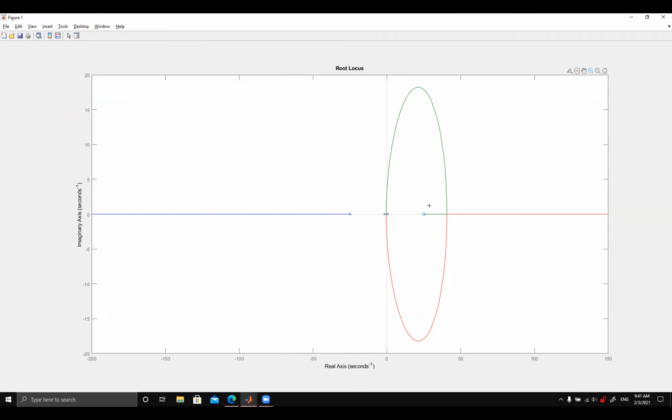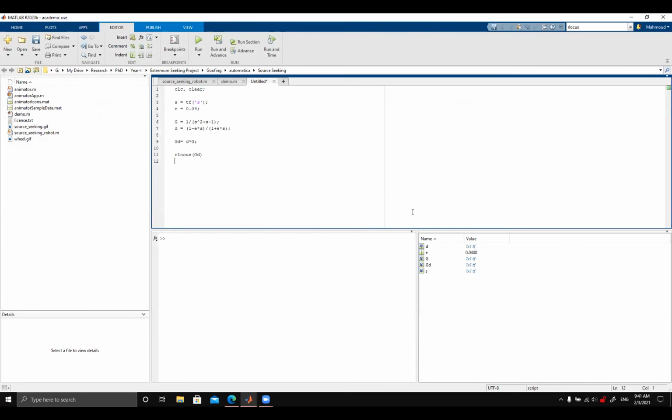Because of the presence of this 0 and this pole, we see that, actually let me show you, subplot 2, 1, 1, and 2, 1, 2.